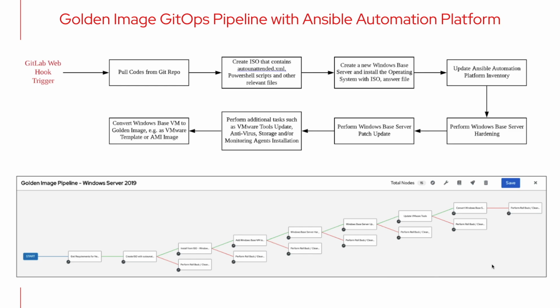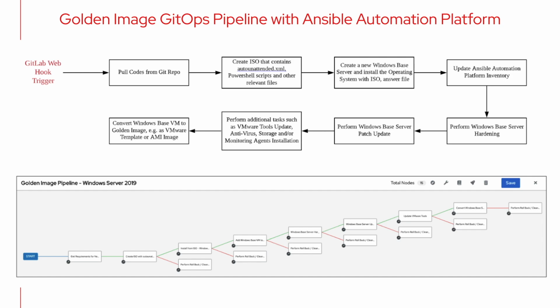So if we were to look at the pipeline itself, the webhook will get triggered whenever there is a merge request in GitLab. What happens next is that the Ansible Automation Platform controller itself will start to pull the code from the Git repo. The next step is to create a secondary ISO that contains the auto unattended XML that's needed for silent installation of the Windows Server.